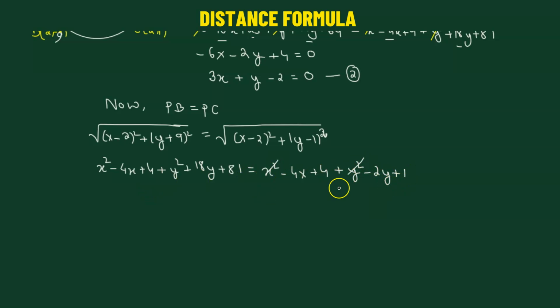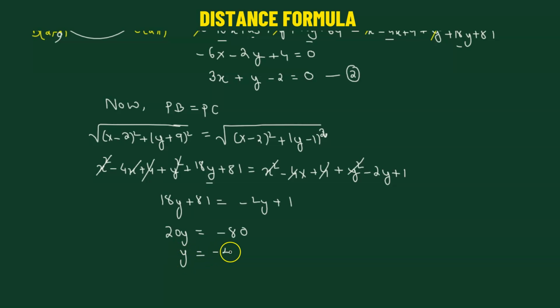The x squared and y squared cancel each other, negative 4x and negative 4x also cancel out, and 4 and 4 cancel out. So we are left with 18y plus 81 on the left hand side, and on the right hand side we have negative 2y plus 1. So we get 20y equals 1 minus 81, that's negative 80. So y comes out to be negative 4.